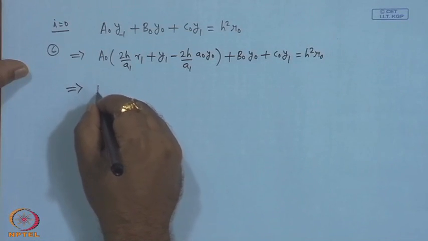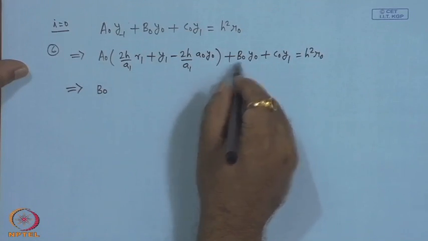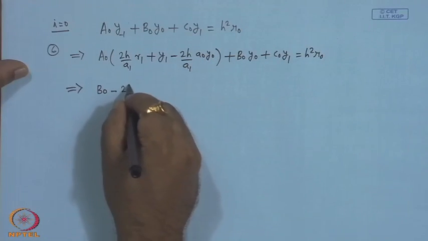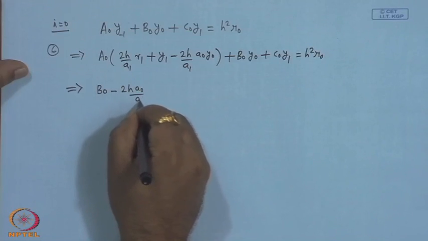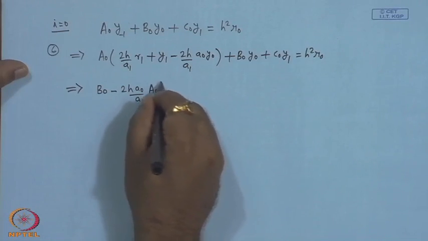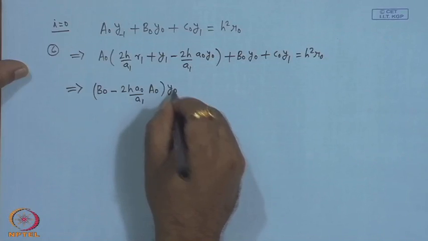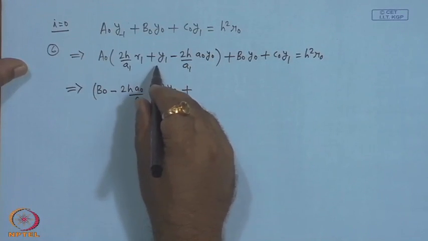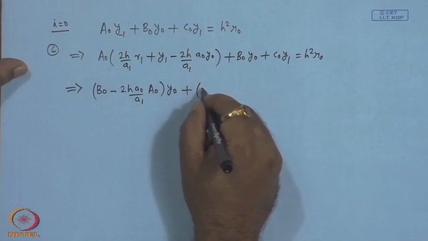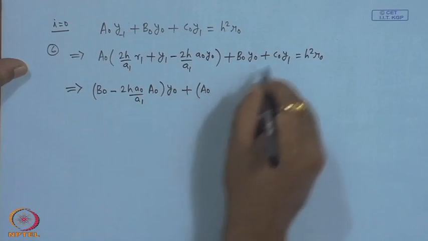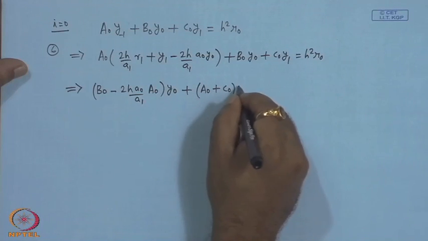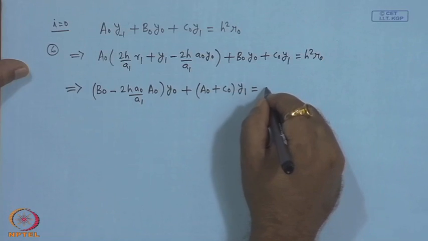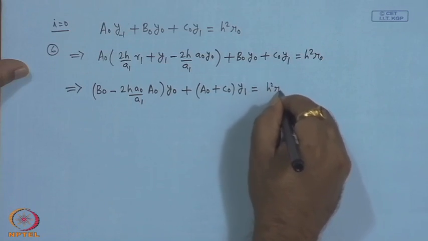The coefficient of y 0 is b 0, and the coefficient of y 1 is a 0; the rest are known quantities.